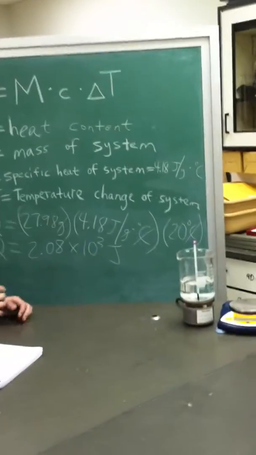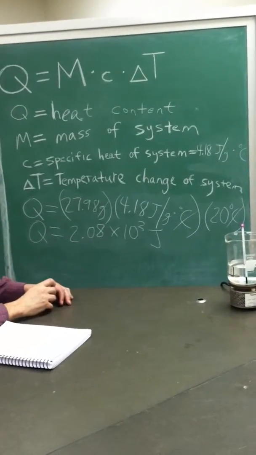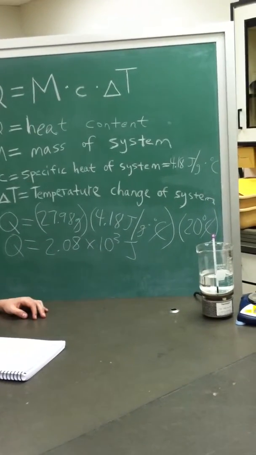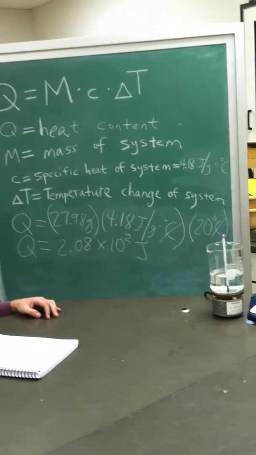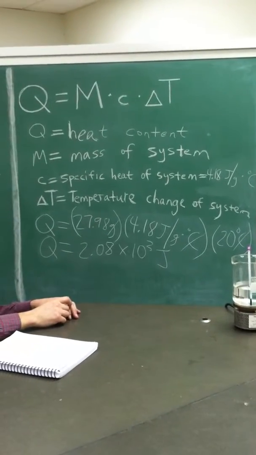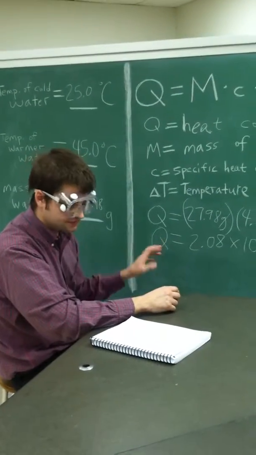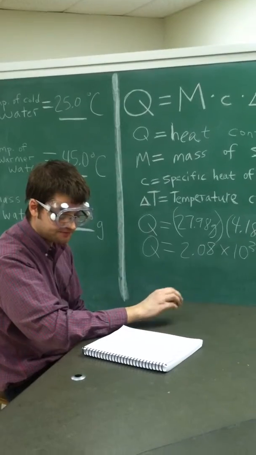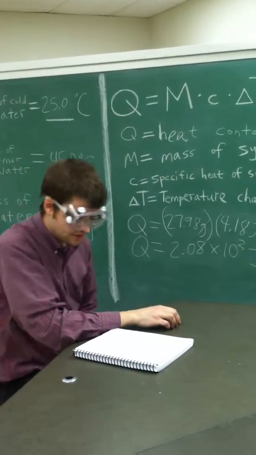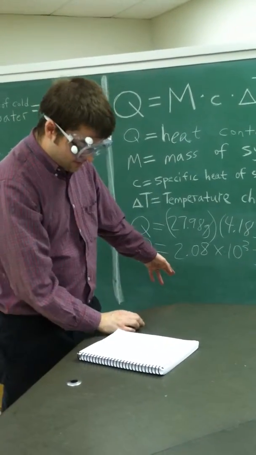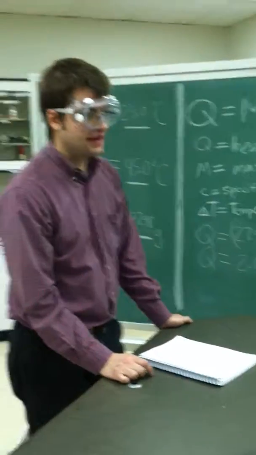All right. So our answer is 2.08 times 10 to the third joules. So this is the heat contained by the water due to the change in temperature using this equation. So this is the amount of heat the water has gained.